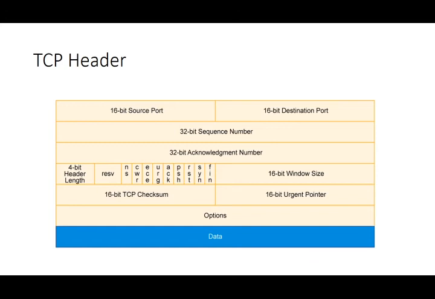If an end device starts to receive too much data and needs you to hold off while it buffers up the data and processes it, it can adjust that window size down so you don't send as many segments at once. Once it has recovered and emptied out its buffer, that window size can be adjusted to a larger number, allowing you to send more segments.